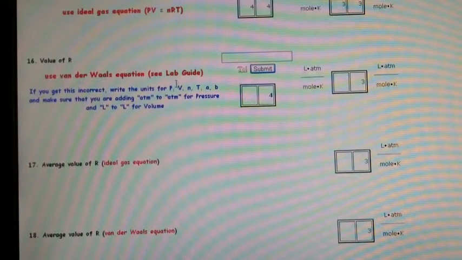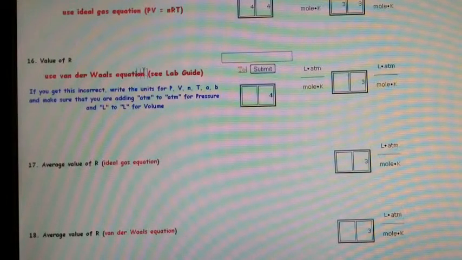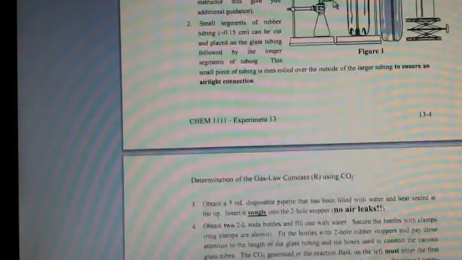Now we're going to calculate the value of R again, but this time we're going to use the van der Waals equation. In the lab guide it talked about the van der Waals equation.